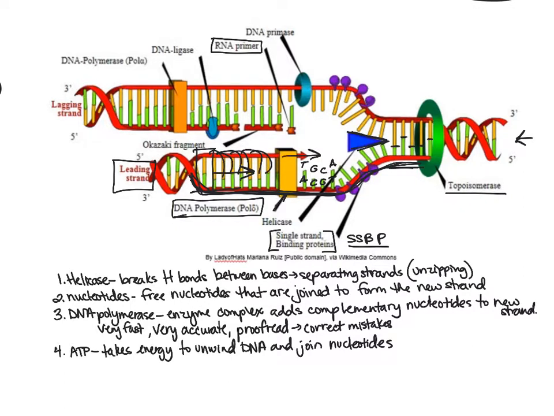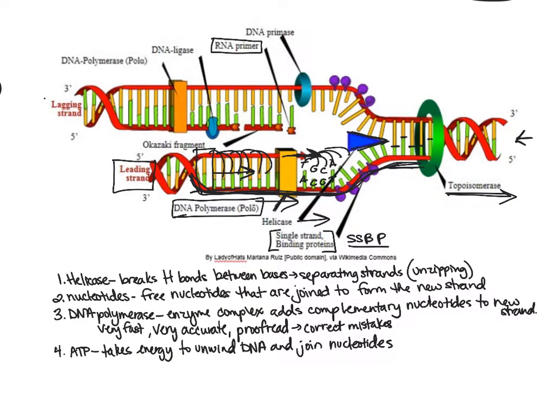And then we can still see it right here. It's going to continue this direction. This is the leading strand because it's going the same direction as our topoisomerase and our helicase, so everything is moving this direction, and it can just keep following right behind helicase, adding nucleotide by nucleotide as it goes.